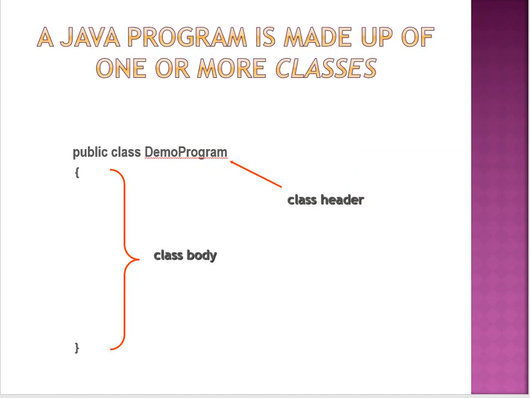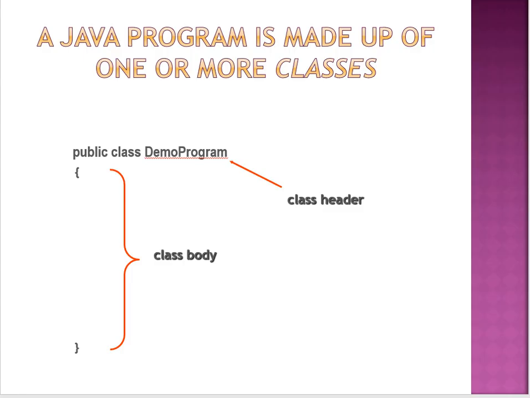Let's get a little bit back to review, and build on what we started from. Looking at just the structure of a Java program. A Java program is made of classes, like we talked about earlier.